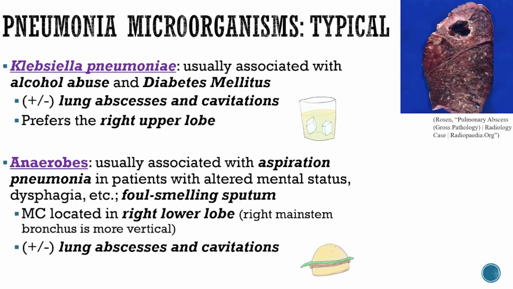In general, we see that the right main stem bronchus is much more vertical and a little bit shorter as well, meaning that particles and saliva make its way easiest into the right lower lobe. Anaerobes as well are often associated with lung abscesses and cavitations. So that's 3 different pathogens that we're now dealing with: Staph aureus, Klebsiella pneumoniae, as well as anaerobes that may cause lung abscesses and cavitations.